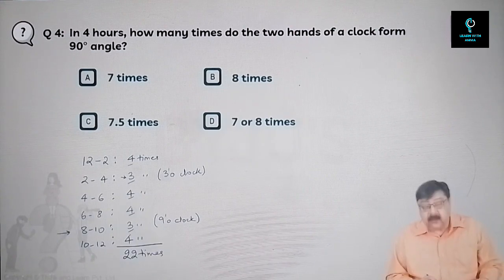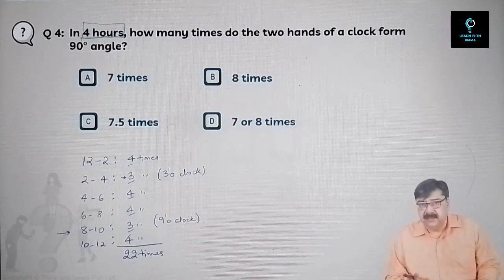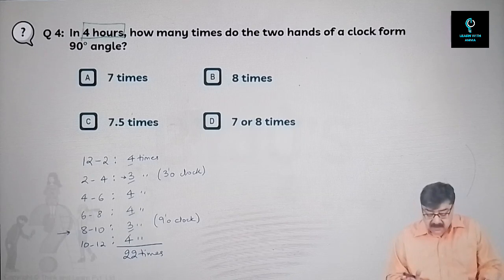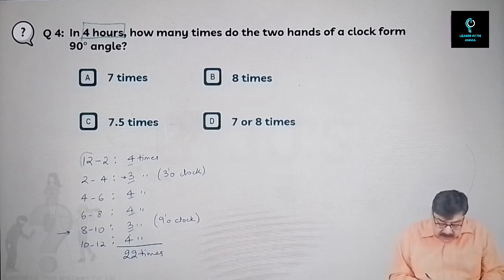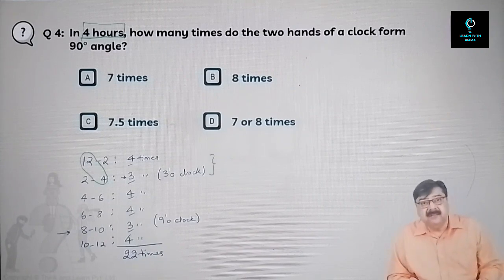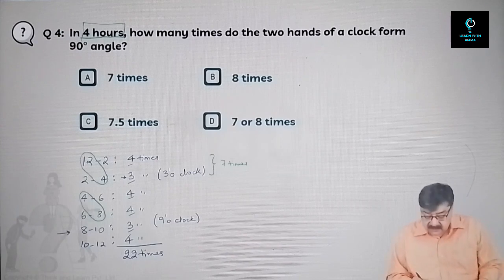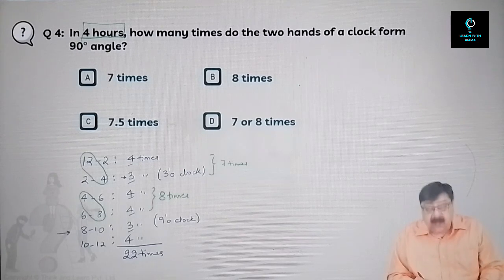And when you read the question, this 4 hours interval is not described. It is not given. So if at all these 4 hours happen to be from 12 to 4, then in that case, 90 degrees angle will be formed between the two hands 7 times. If at all this 4 hours interval is from 4 to 8, then as you can see here, 4 plus 4, the 90 degrees angle will be formed between the two hands of a clock 8 times.